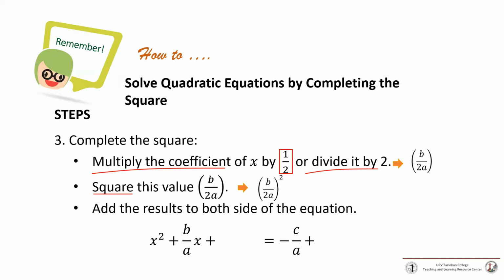The result of that will be added to the missing term, and that is how we complete the square. So we just added the square of b over 2a to both sides.